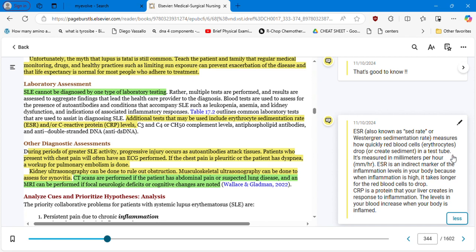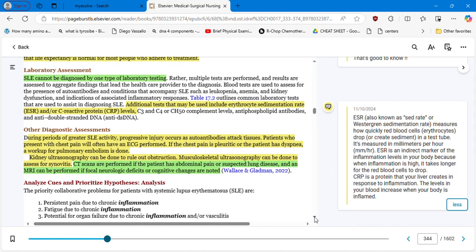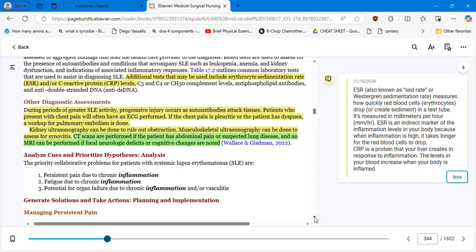So that's the difference with CRP, which is a protein that your liver creates in response to inflammation, and the levels in your blood increase when your body is inflamed. So basically, CRP is more accurate in terms of assessing inflammation.